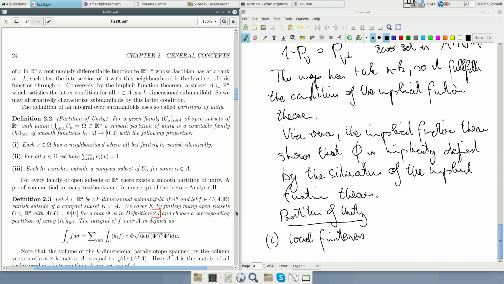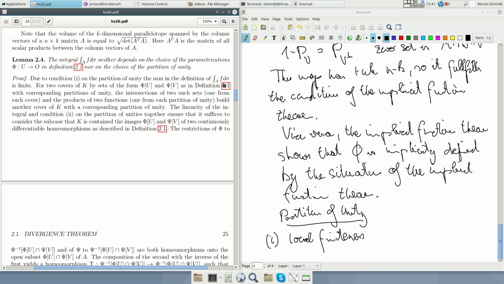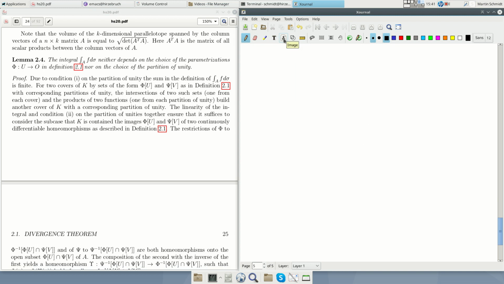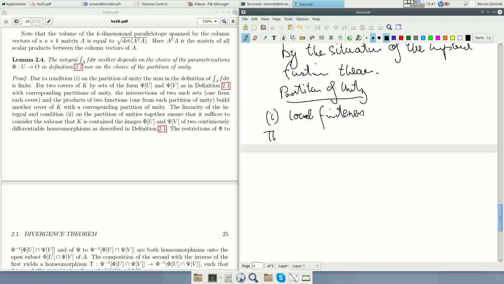And this concept will allow us to localize linear expressions. In particular, the integral.